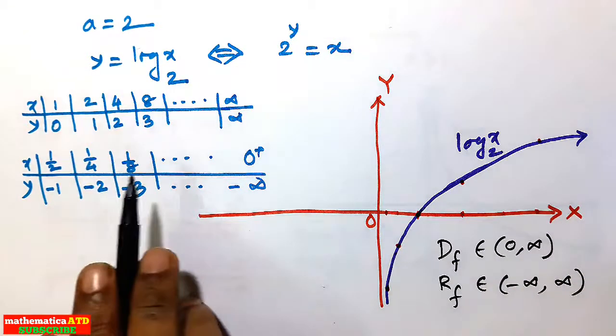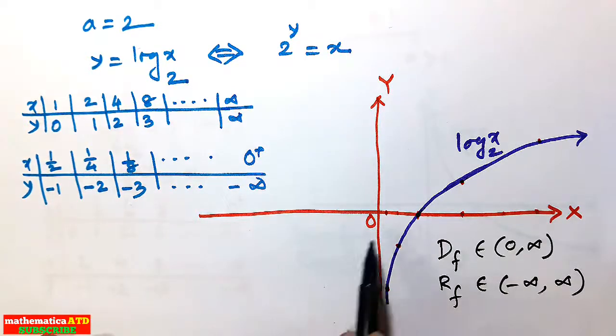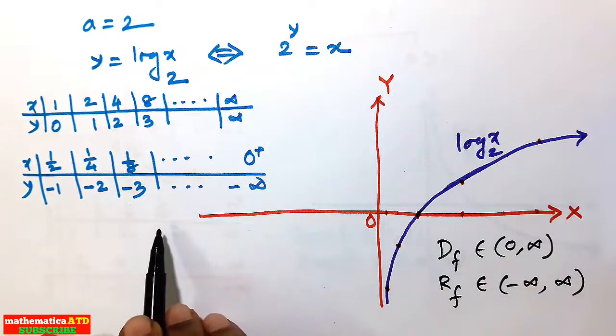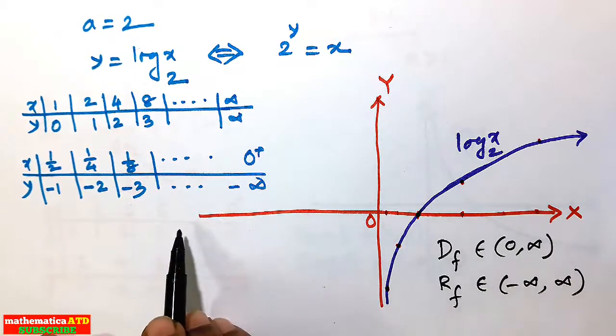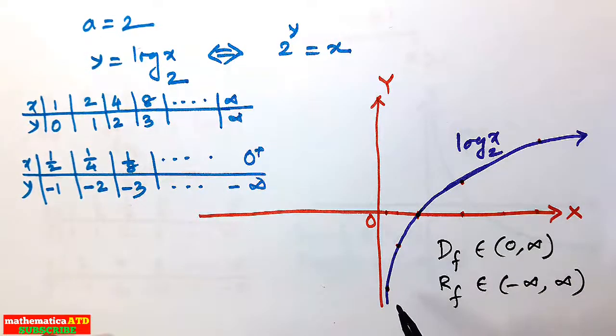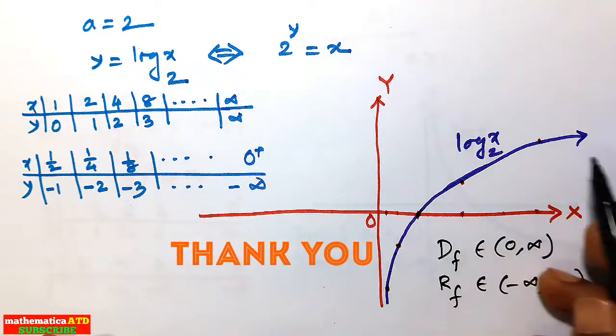We did not take any value of x on the left side of the y-axis. That is, we did not take any negative value of x, and the curve is strictly increasing.